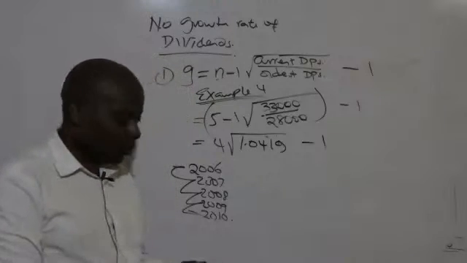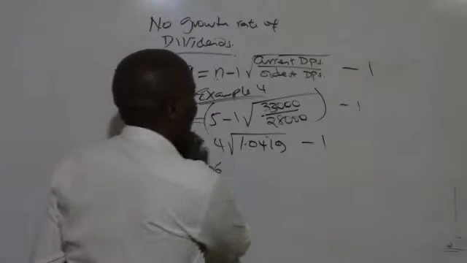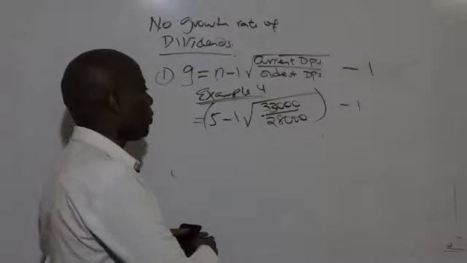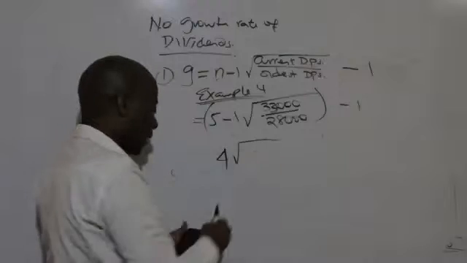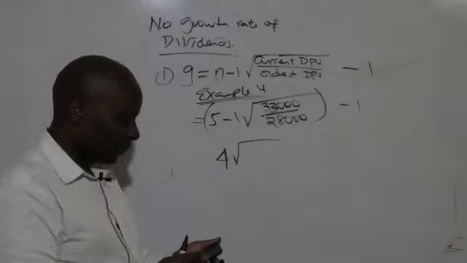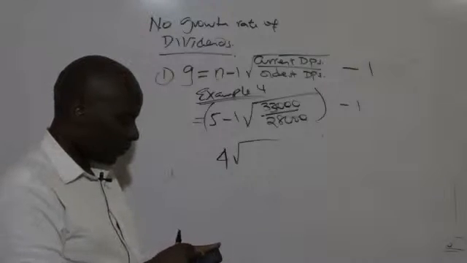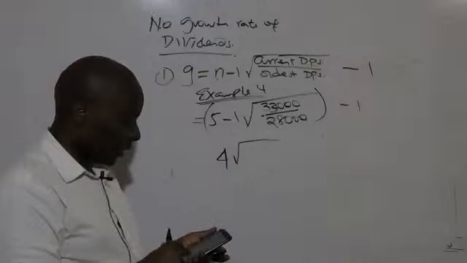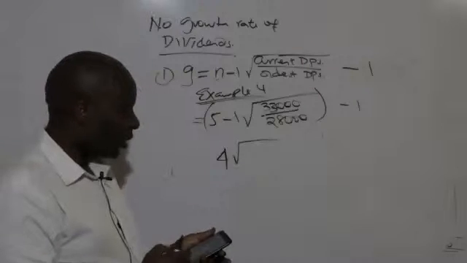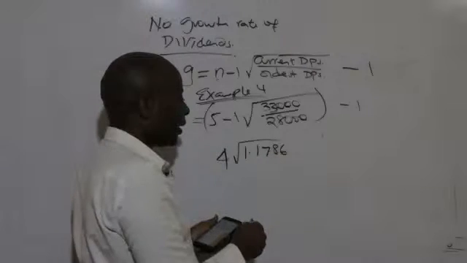I don't know how they are able to get this parameter. Let me just use my calculator. So this will be the fourth root of 33,000 divided by 28,000, which equals 1.1786 like that.